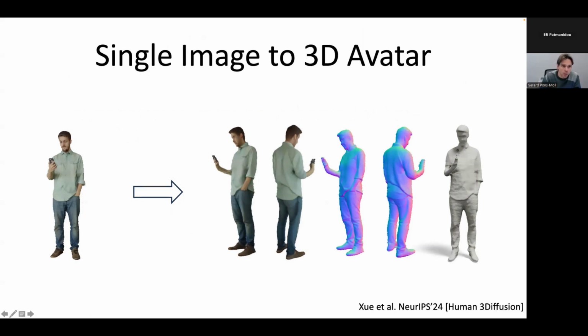In this case, the input to the algorithm is this image that you can see here, and the desired output is a 3D avatar, including the texture and the geometry of the person. That's the task. You can imagine this is very difficult because you have to complete what is not visible. We have to make the model hallucinate what is not observable, and it has to produce a 3D result that is consistent.